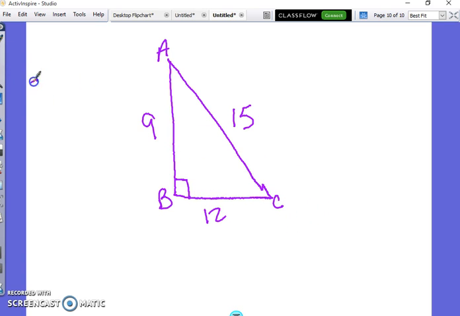Let's find the sine of A. What would that ratio be? Opposite over hypotenuse, so 12 over 15.